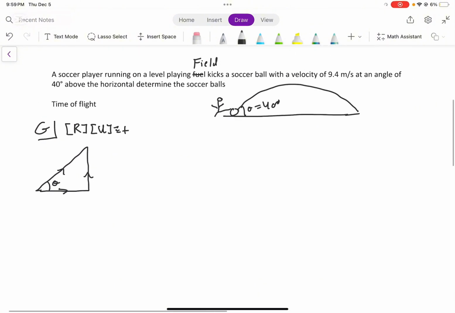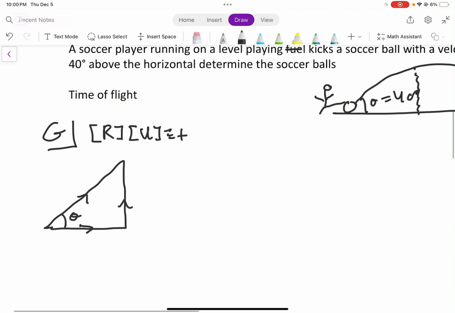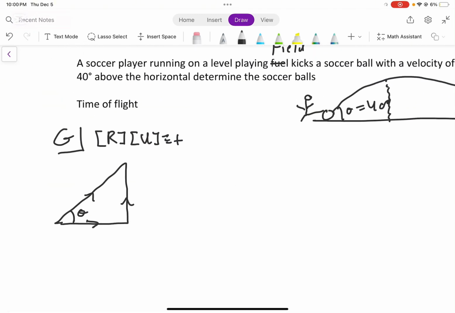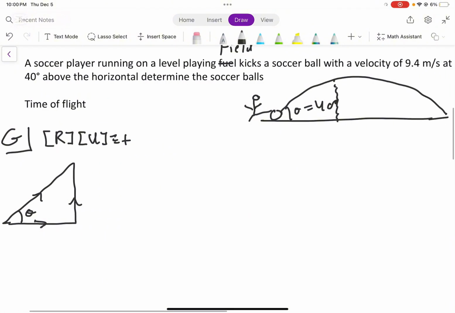So the reason we drew a triangle is because we can get a simple right angle triangle, similar to how we broke up our previous examples into components. Whenever it says above the horizontal, you can assume that you're going to have to draw a right angle triangle.